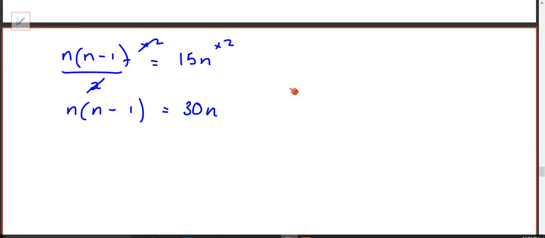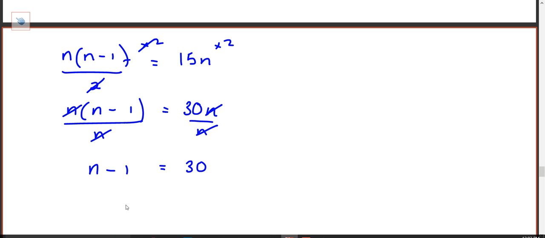Alright, what would you do at this stage? Good, I'm glad you didn't say multiply out the brackets. Because if I just divide by n on both sides, I get rid of that n and I get rid of this n, and I'm left with n minus 1 is 30. Would it be wrong to expand it?